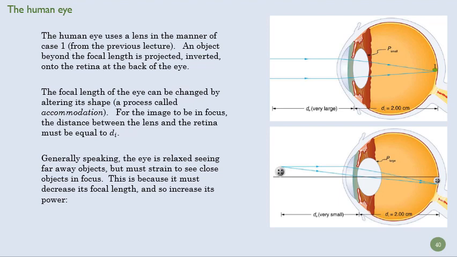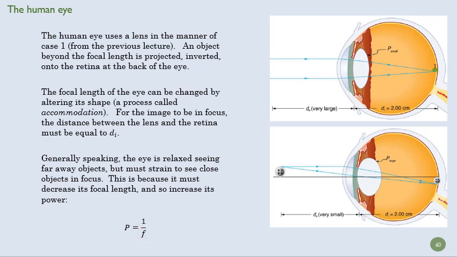We generally like to see things far away because that means we have a smaller power to our lens. It doesn't require as much energy from our eye. We don't have to change the shape of our lens much. As we get closer to an object, we have to strain a little bit in order to increase the power of that lens and to shorten its focal length.